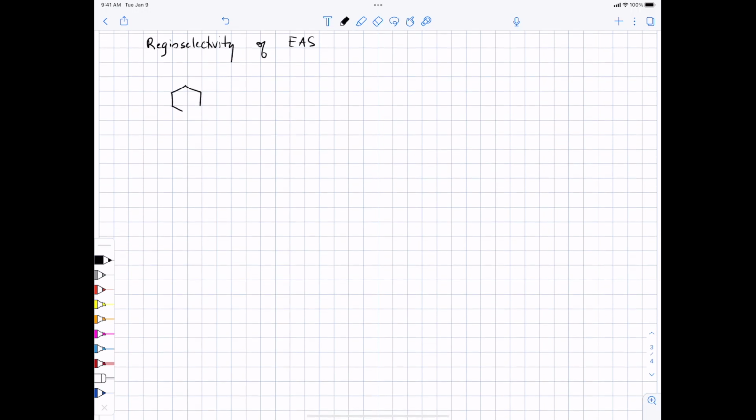So again, we're going to have some X group here, and then we are going to do electrophilic aromatic substitution, and there's going to be three potential products in terms of regioselectivity. You've got para substitution, you've got meta substitution, and then you have ortho substitution.